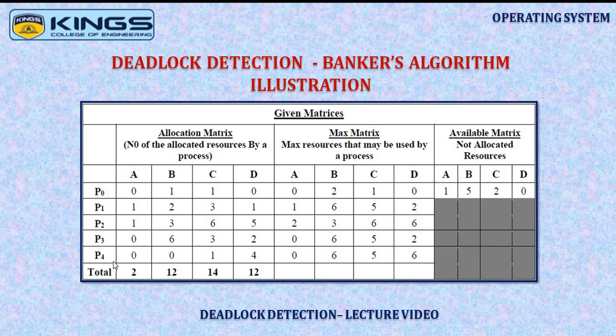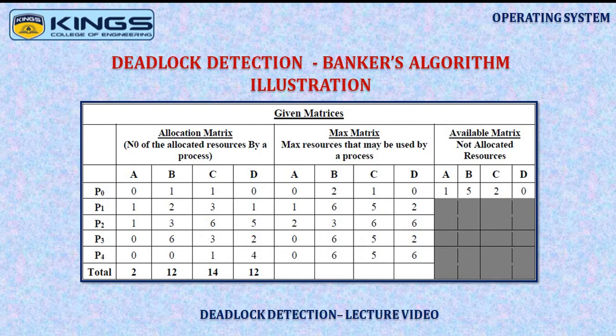After the allocation is over, the total number of A resources gained by the processes is 2. Initially the A resource count was 3, and out of 3, 2 are allotted here.